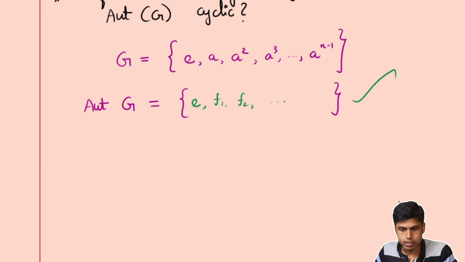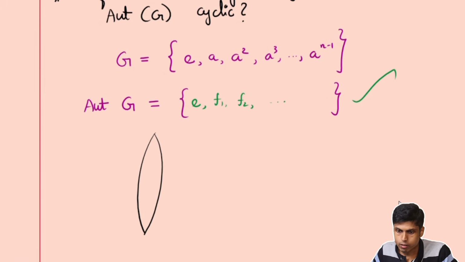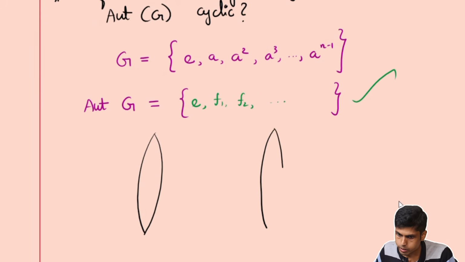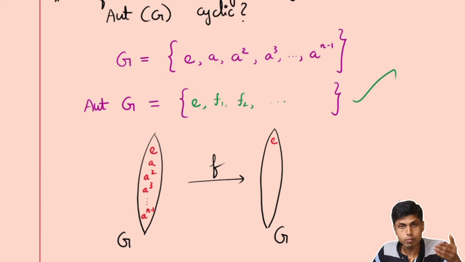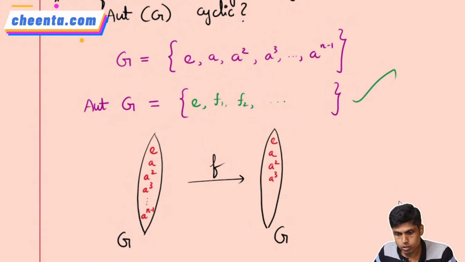To get started, we are interested in functions that are bijective, that map group G to the group G like this. Let's call the automorphism f, and you have the identity, a square, a cube, and so on up to a power n minus 1. And in the codomain, you have the same enumeration e, a square, a cube and so on till a power n minus 1.